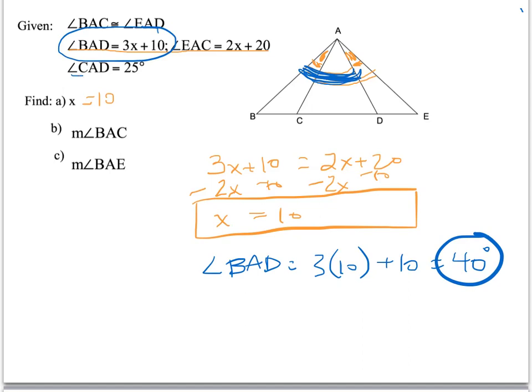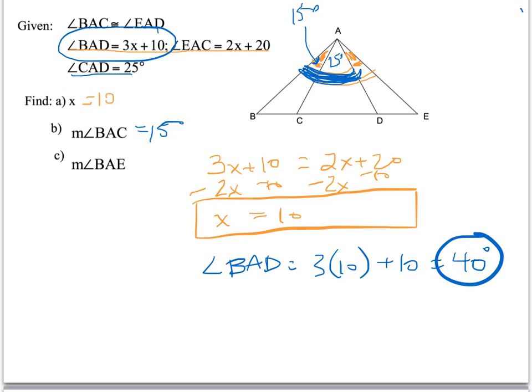Now, the last piece of information is huge here. Angle CAD is 25 degrees. So now, I'm asking you whether or not you understand the subtraction property of angles. If BAD is 40 degrees and CAD is 25 degrees, we can take 40 minus 25 to find our angle BAC. 40 minus 25 is, of course, 15 degrees.